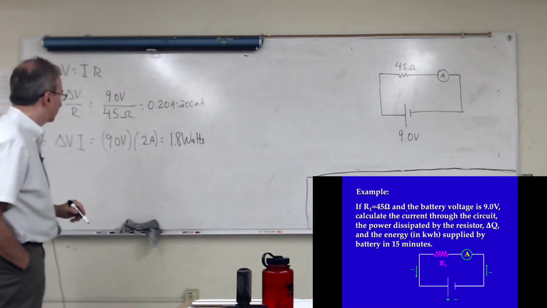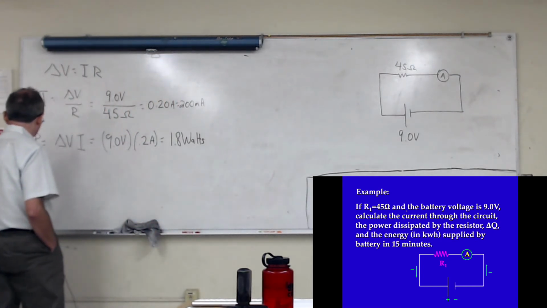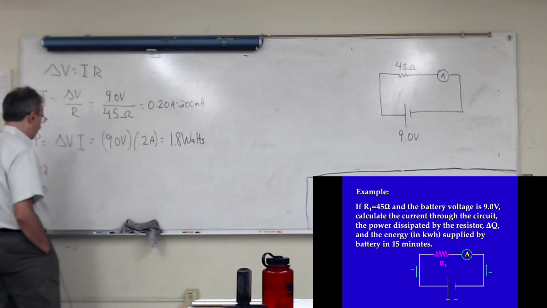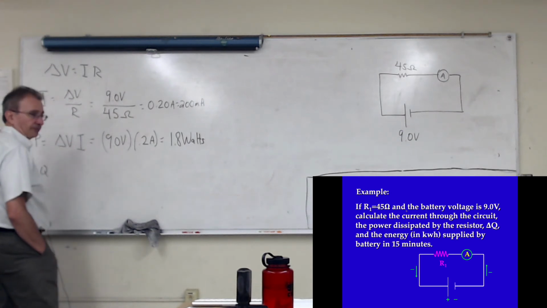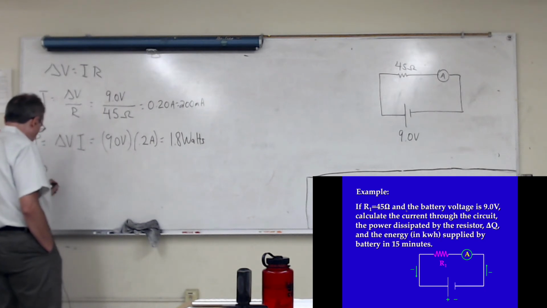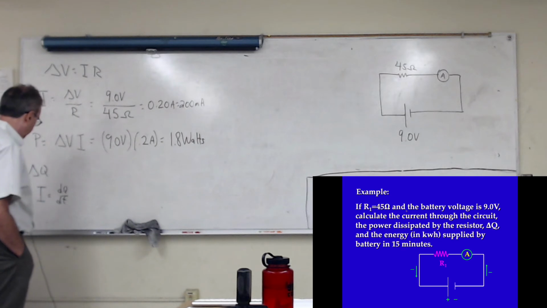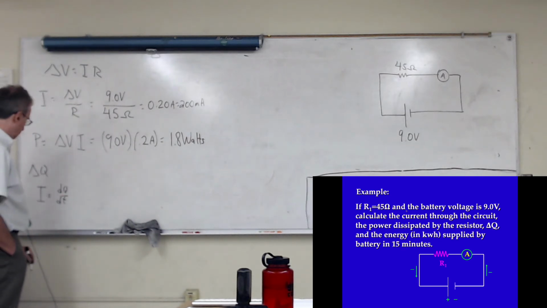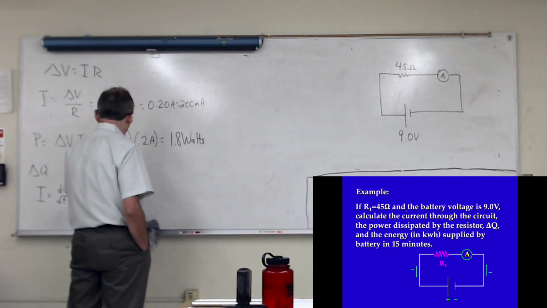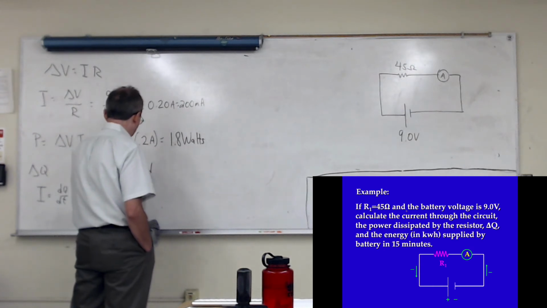Let's calculate delta Q. How much charge is delivered by the battery? Well, I is dq over dt. And I is constant. dq is I dt.